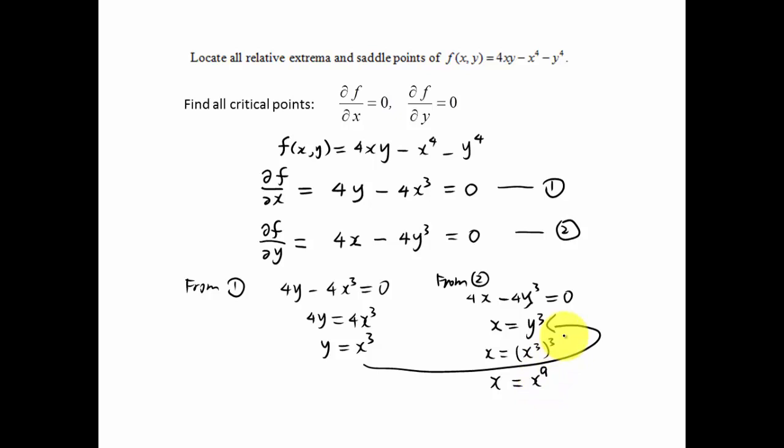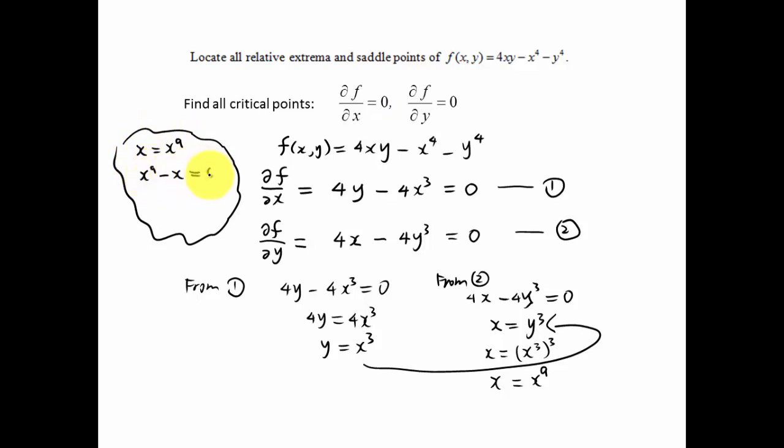So how do we solve an equation like this? x equal to x to the power 9 means x to the power 9 minus x equal to 0. Factor out x, we get x to the power 8 minus 1 equal to 0. From here, we can deduce that x equal to 0, 1, minus 1.